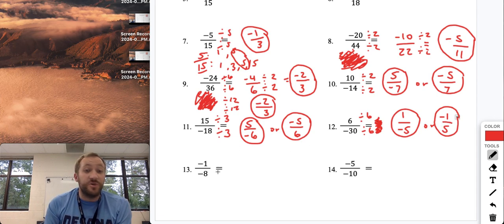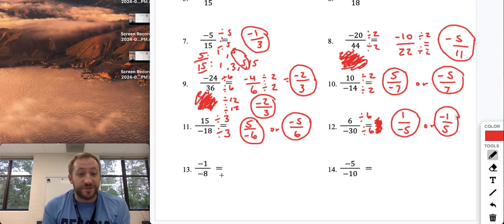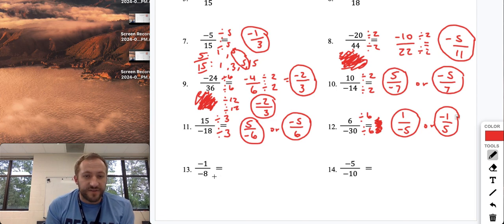This one down here, there are 2 negative signs. Now, this is where things get a little different. When I have one negative sign, I can put it anywhere that you want. It doesn't matter. When I have 2 negative signs, I have to remember that every fraction is technically a division problem. A negative divided by a negative is really a positive.